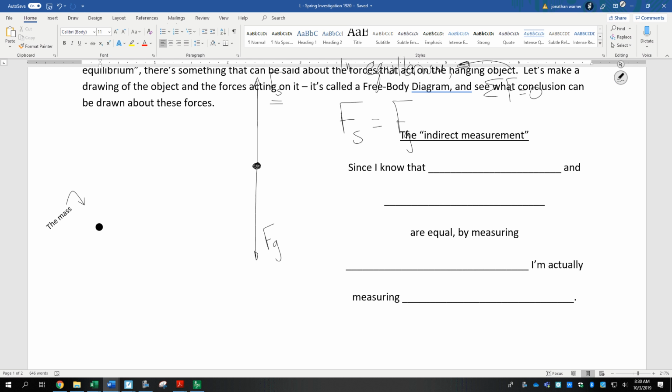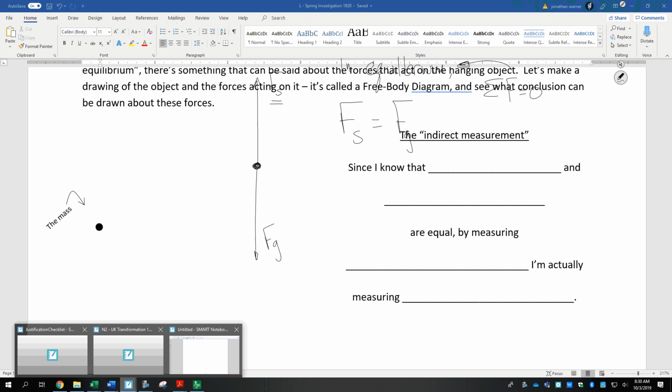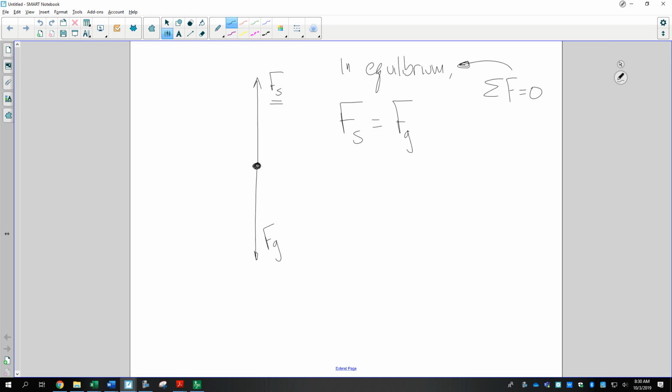We want to measure the spring force. That's kind of hard to do directly, but what's easier to do directly is to measure this. We can measure gravitational force, or we can calculate it really. And here's how we do that.